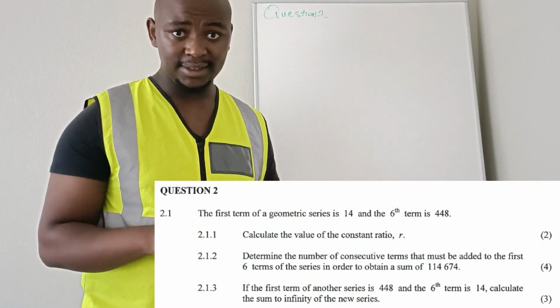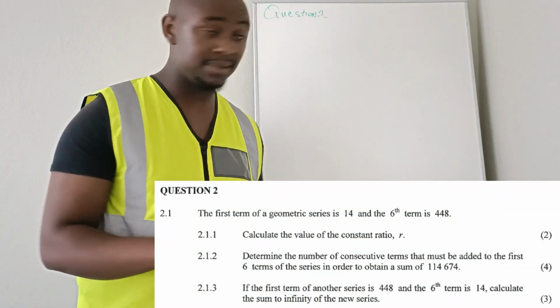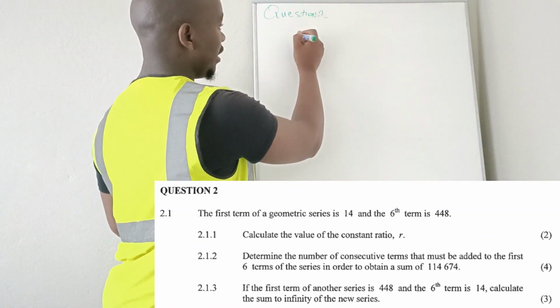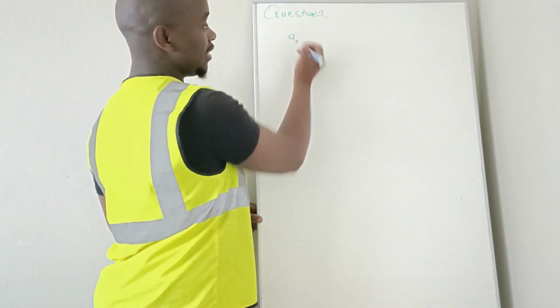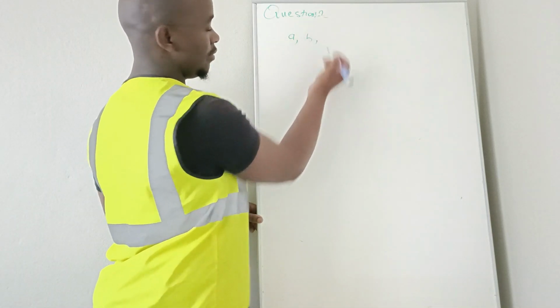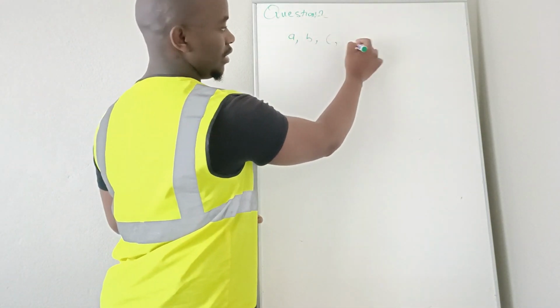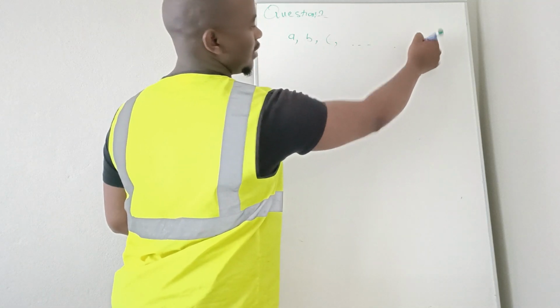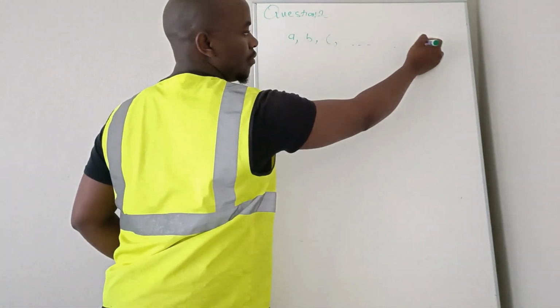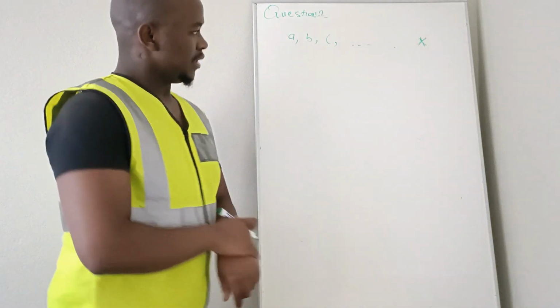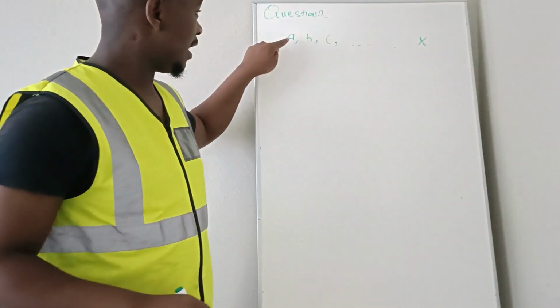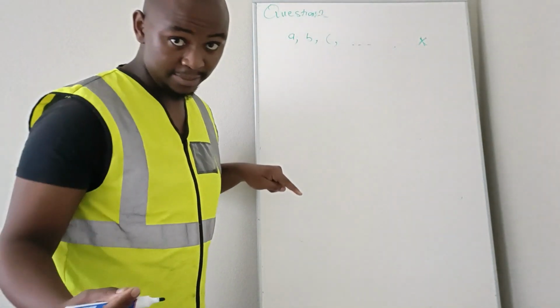A geometric series is a series that, if for instance we have the first term A, we have a second term B, C, and it continues up until let's say X. Things to note in here is that A is the first term.